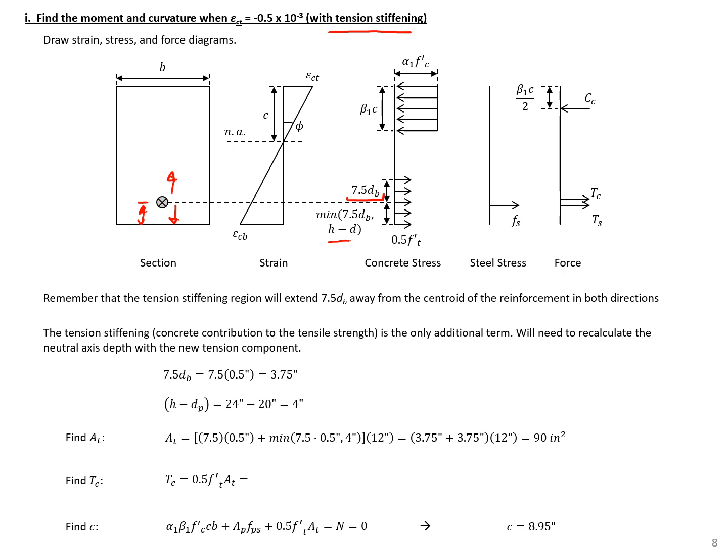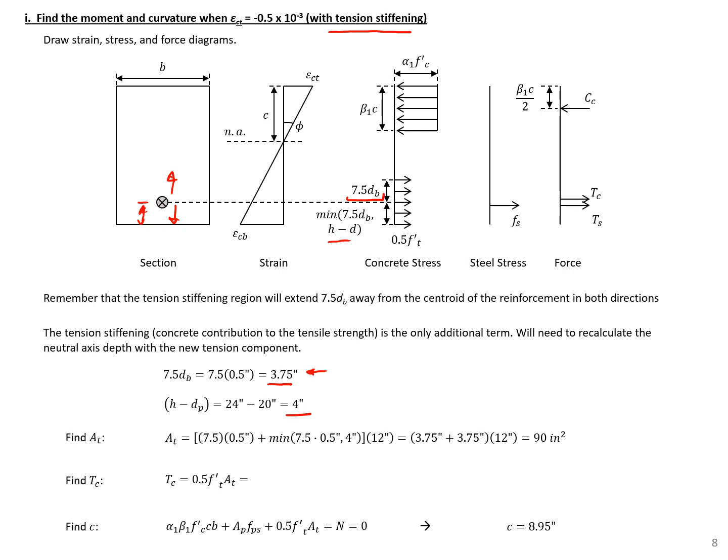So here you can see that 7.5 d_b is going to be 3.75 inches, and h minus d is going to be 4 inches. So in this case, we're going to have 3.75 inches above and below the strand, making up the area over which we can apply tension stiffening.